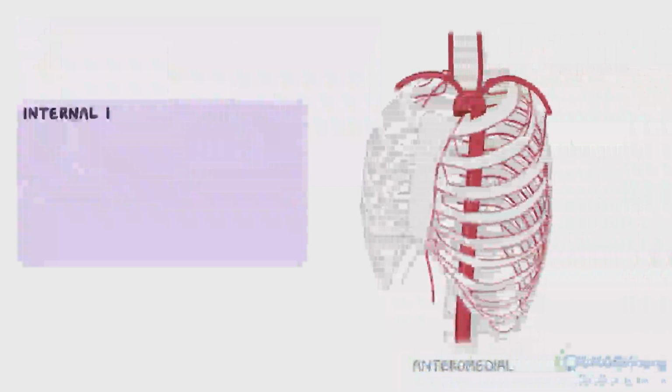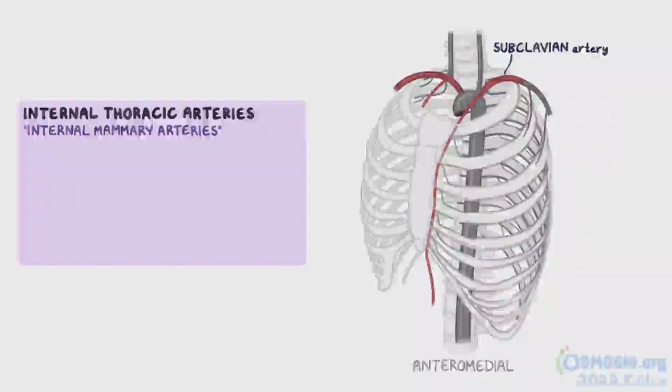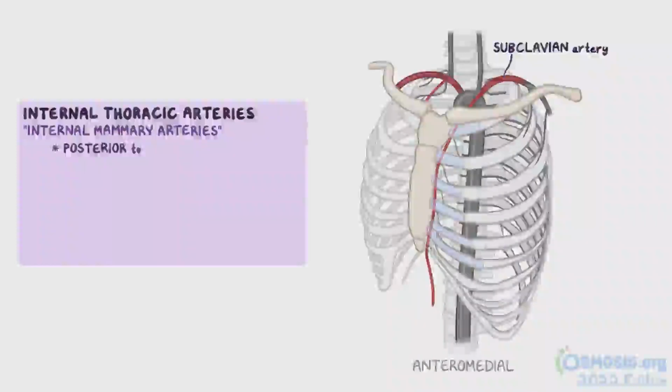Then there are the internal thoracic arteries, previously called the internal mammary arteries, which arise in the root of the neck from the inferior surfaces of the first parts of the subclavian arteries. Then they descend into the thorax posterior to the clavicle and first costal cartilage. Then they descend on the internal surface of the thorax lateral to the sternum and posterior to the upper 6 costal cartilages and internal intercostal muscles.